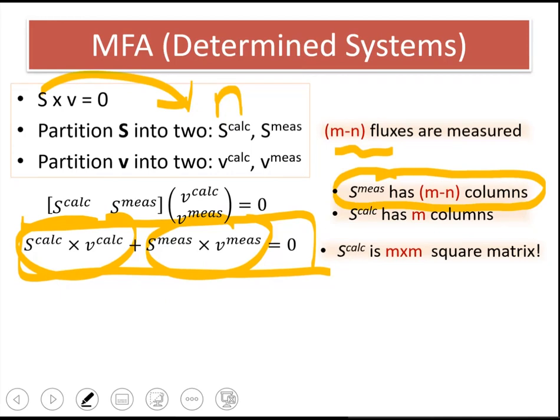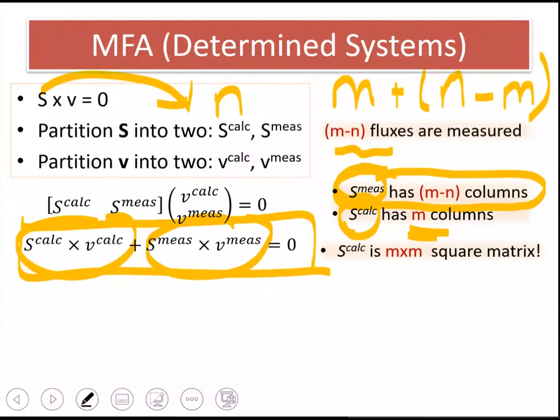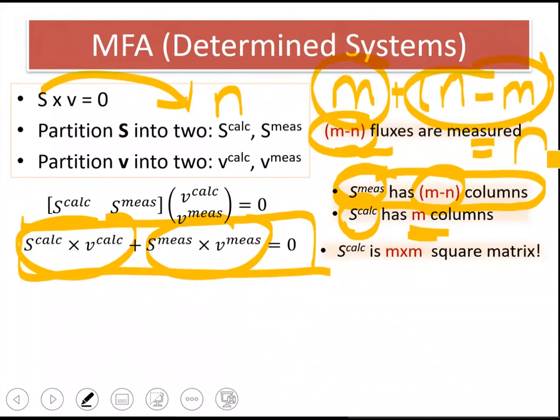Now, since N minus M of the columns of S are in the S measured matrix, the S to be calculated matrix will have M columns. So if you sum up M plus N minus M, M being the number of columns in S calc and N minus M the number of columns in S measured, the summation gives you N, right? The total number of columns in matrix S.